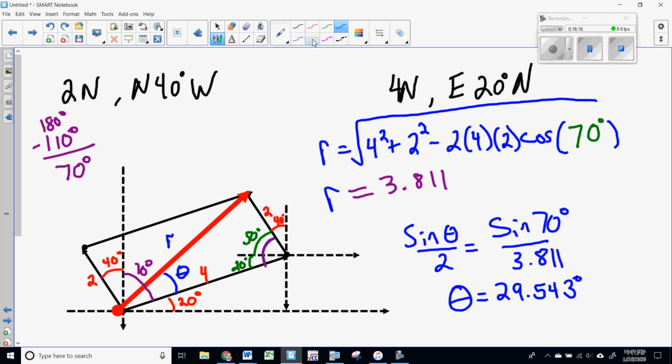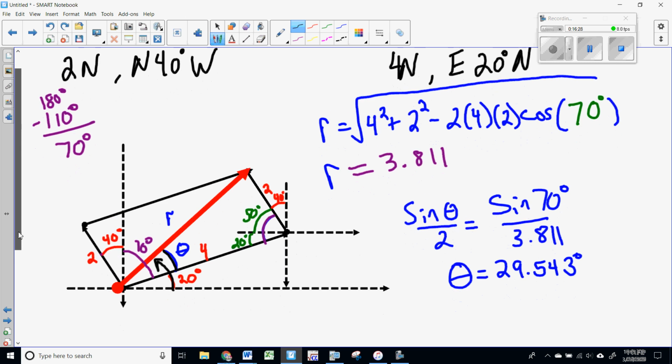But now you will notice that that is just this angle, and I need this whole angle from east all the way up to the red line, my total angle.